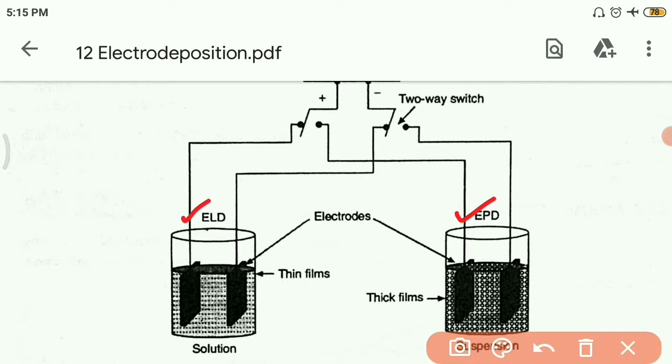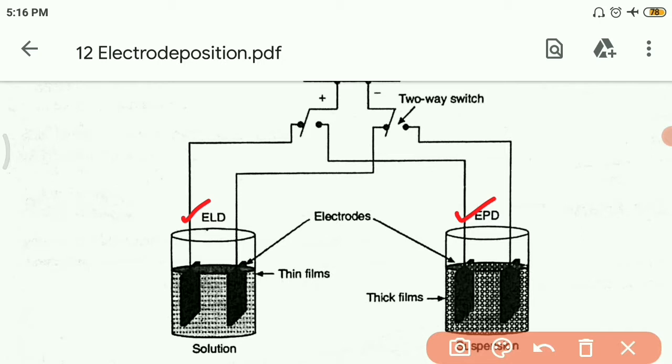Okay, so there are actually two types of electrodeposition process which are used in ceramic processing. Now EPD is a cathodic electrodeposition process in which suspensions of ceramic particles are used, and the second one, ELD, is based on the use of metal salt solutions.